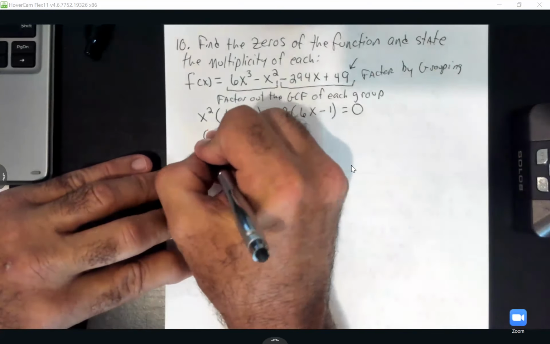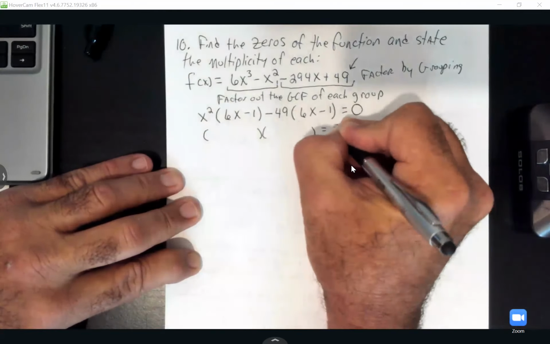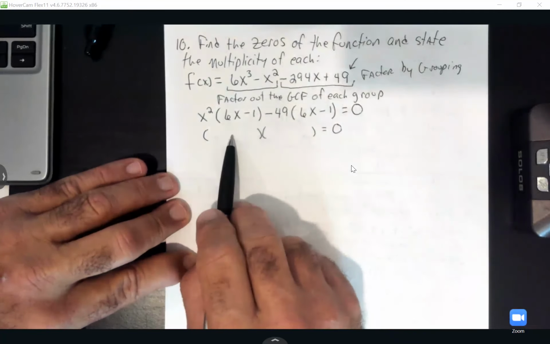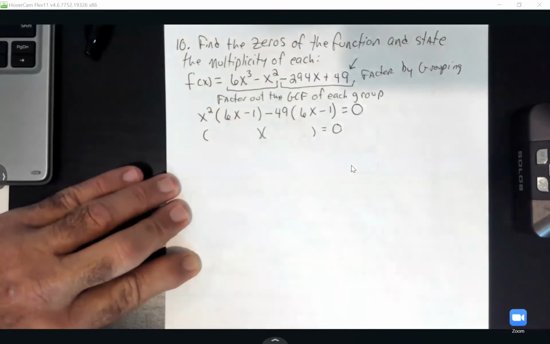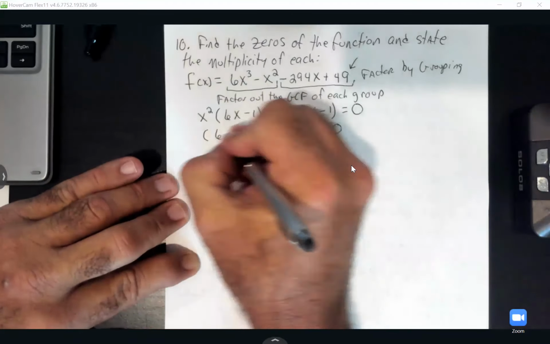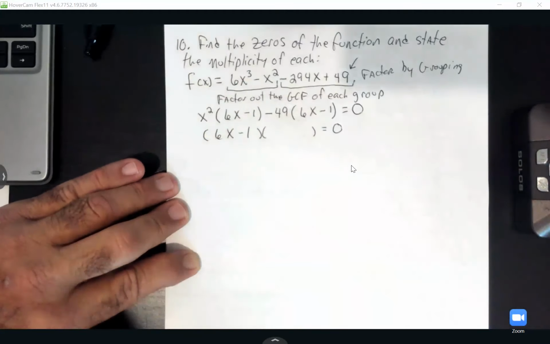So y'all, I'm about to factor that into my last set of parentheses. Do y'all remember what I'm going to put in both of these parentheses? How about the first parenthesis? 6x minus 1. So 6x minus 1, and my second parentheses.